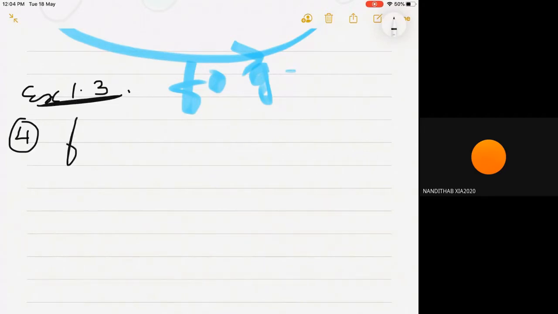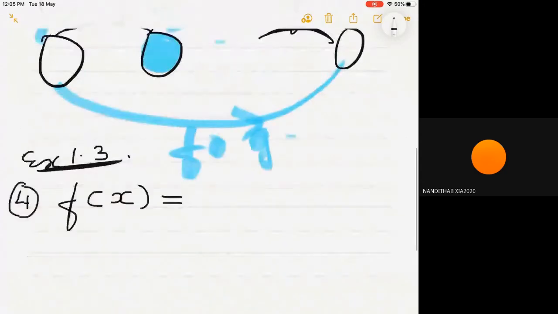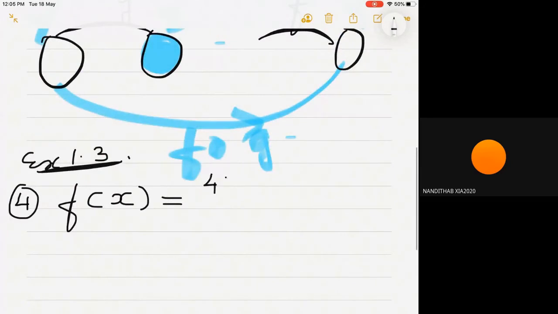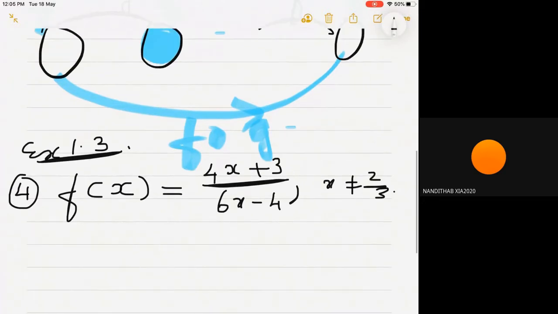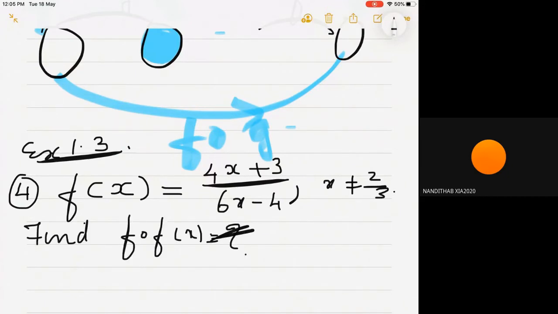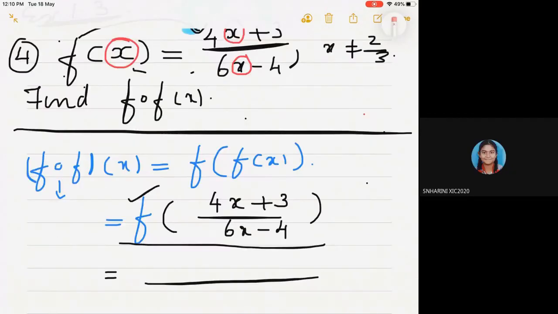If f of x equals 4x plus 3 by 6x minus 4, where x is not equal to 2 by 3, find f composition f of x. Understood? Now find f dot f composition f of x.